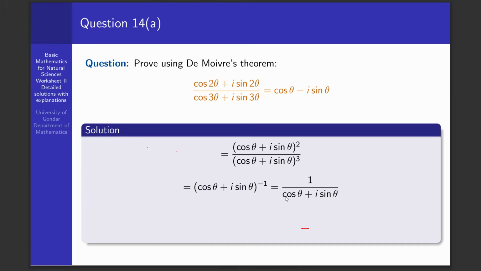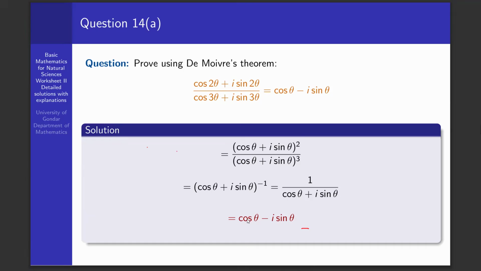Then to simplify this in standard form, we multiply the numerator and the denominator by the complex conjugate of cos theta plus i sin theta, which is cos theta minus i sin theta. The numerator is then just cos theta minus i sin theta, and the denominator, (cos theta plus i sin theta) multiplied by its complex conjugate, is cos squared theta plus sin squared theta, which is 1, by the trigonometric identity.